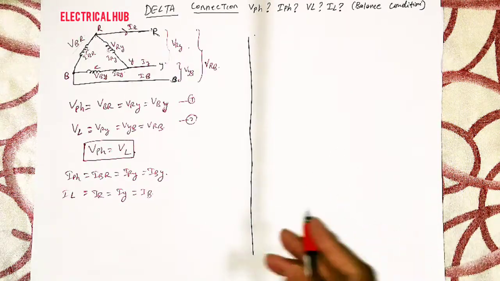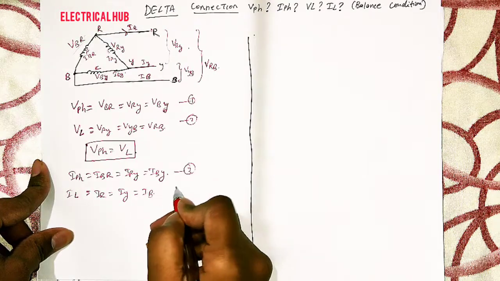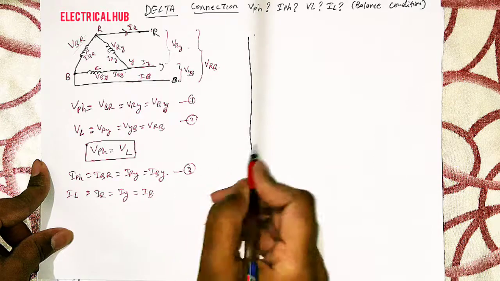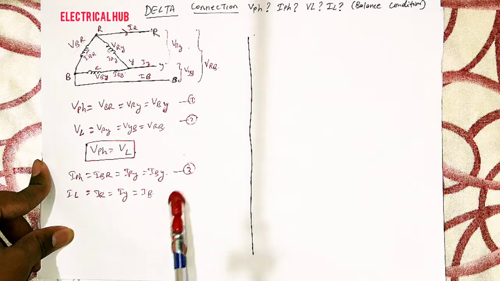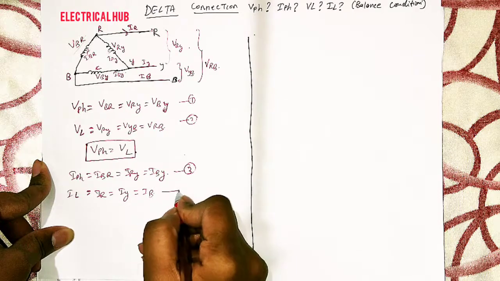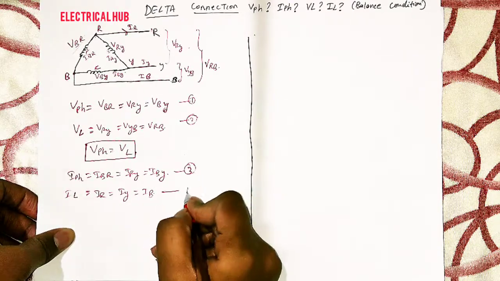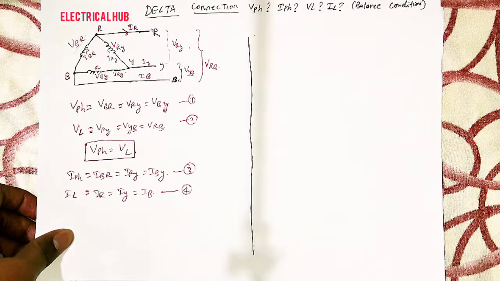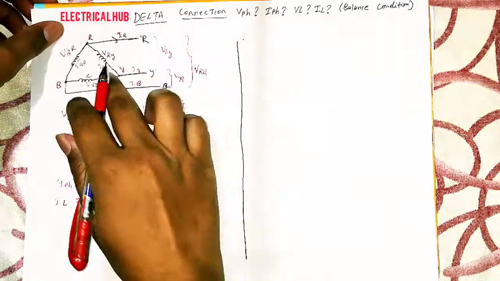So we can say that IPH and IL are not equal, and to find the relation between phase current and line current, we have to simplify and derive it. So let's write it as equation 3 and equation 4. Now what we have to do from here is make a phasor diagram of this circuit.